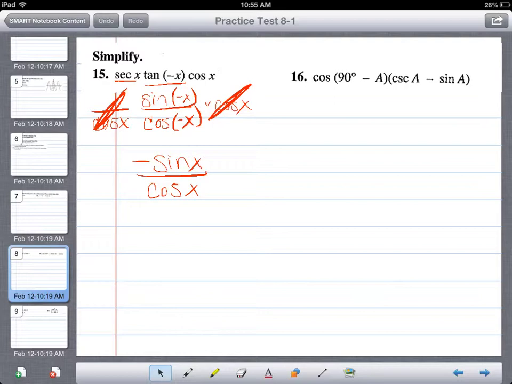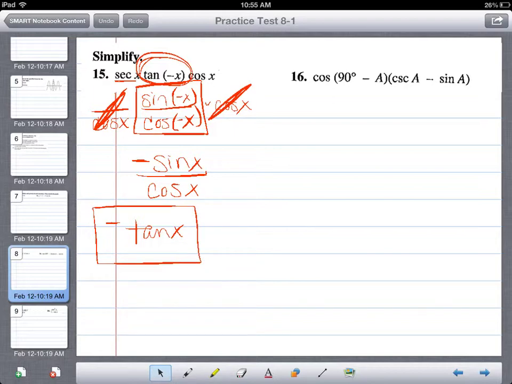I want to get that down to one term. Well, if I were to just leave it as tangent, sine over cosine is tangent x, don't forget that negative out front. Now I'm down to one term, one type of function, and I would consider that simplified.